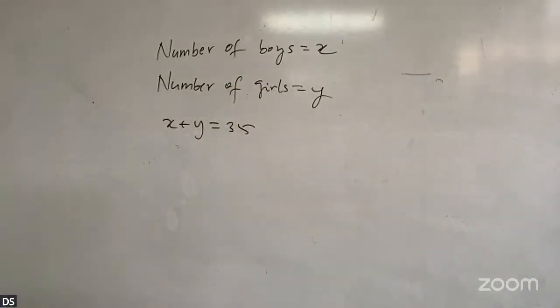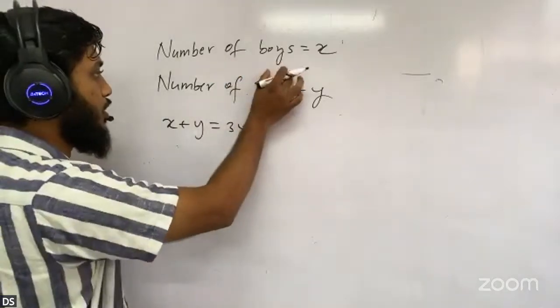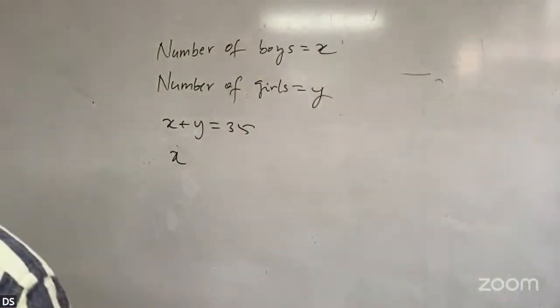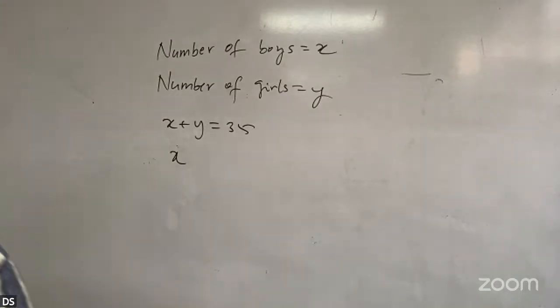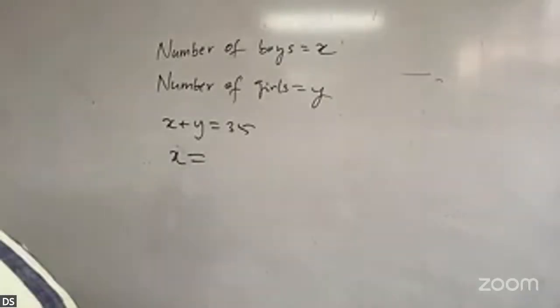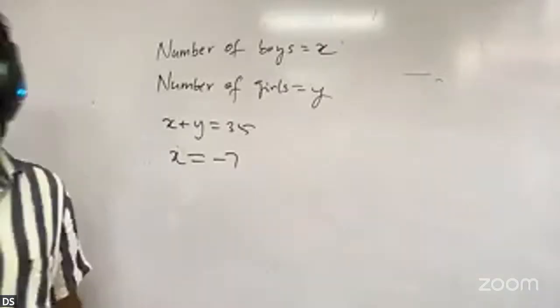Then now there is a statement. See, the number of boys in this class, meaning number of boys, X, you can write. After that they have put "is", which means the equal mark. "Is 7 less than", now what should you write? Minus 7.